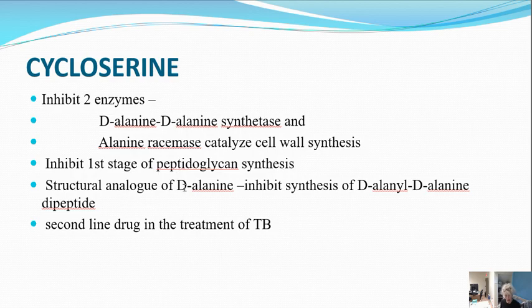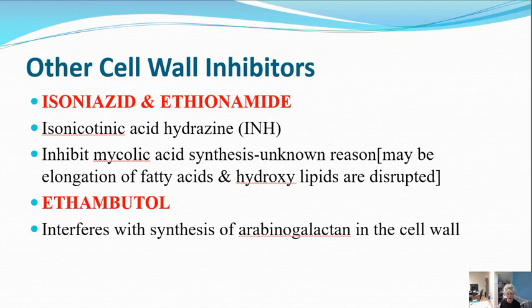The structural analog of D-alanine inhibits synthesis of the D-alanine dipeptide. It is the second line drug in the treatment of tuberculosis, which is interesting because usually there's 4 drugs that we use to treat TB. Isoniazid, pyrazinamide, and ethambutol are some of them.